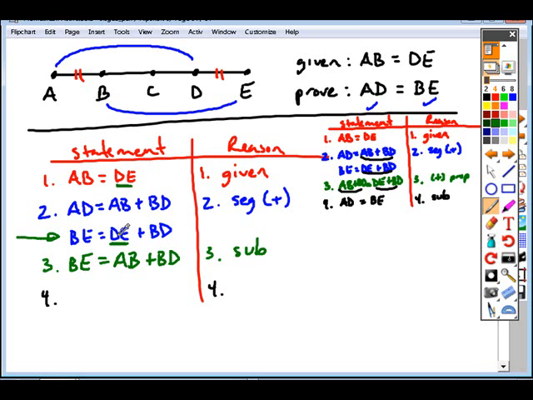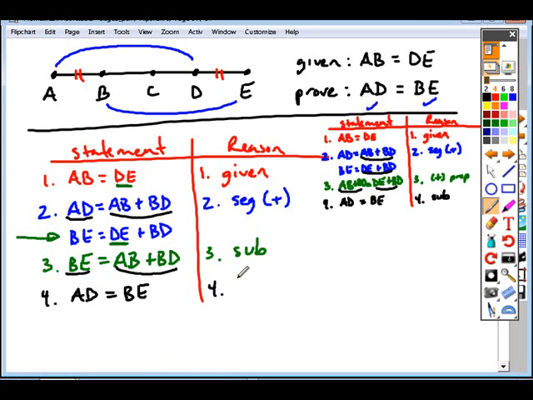So that's substitution. And now once I get to this statement, what you should be able to see is we have two things, AD and BE, that are set equal to the same thing, AB plus BD. So two things that are equal to the same thing are what? Equal to each other. So AD and BE are equal to each other.